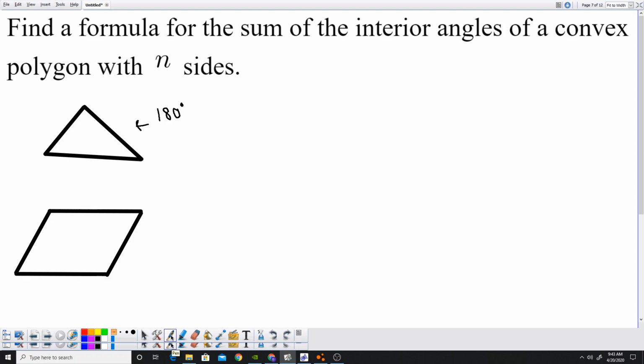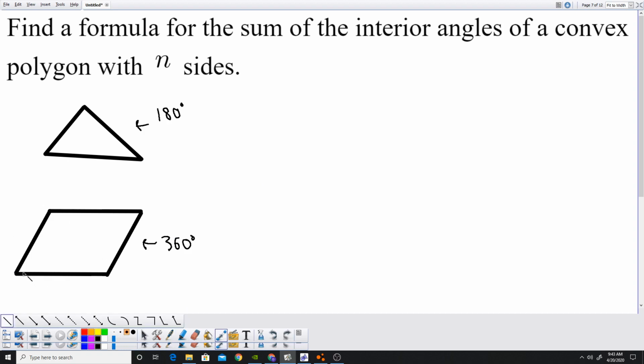And we have shown that all quadrilaterals have a sum of interior angles of 360 degrees. But how did we show that this was true? Well, we took this quadrilateral and connected the diagonals and created two triangles out of the problem.